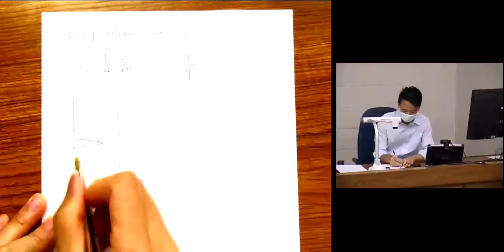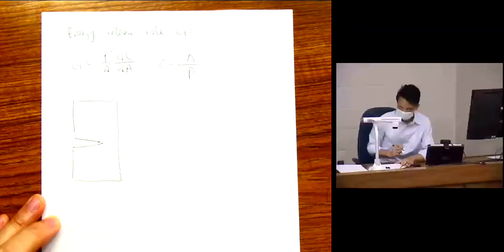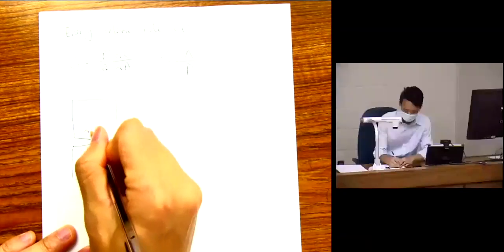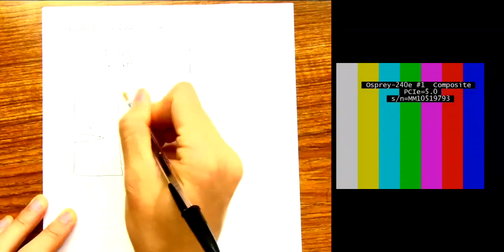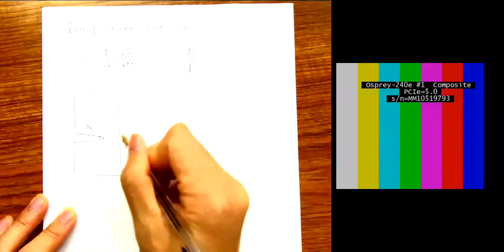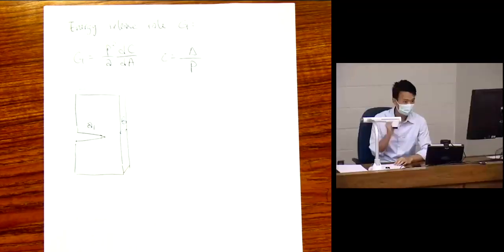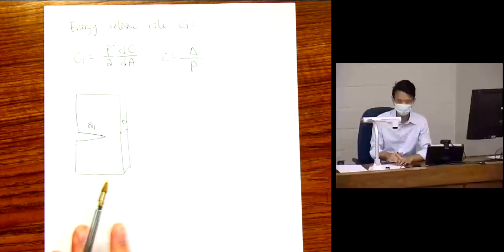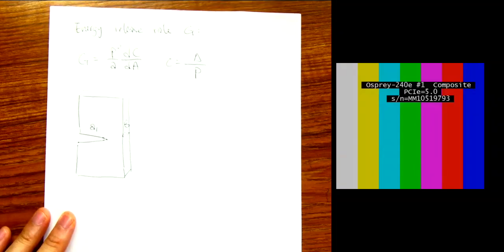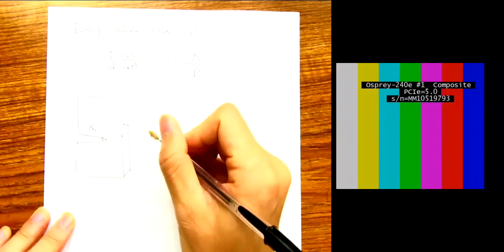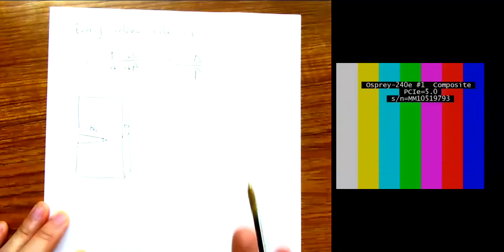let's say this is the cracked body, and I have some sort of crack, pre-crack A1. This is a thin plate, some width that I define, I know. This is quite a difficult problem to solve analytically, and we don't actually have a good analytical solution for this. So what you do is that you want to find the compliance, because you want to find the derivative of the compliance with respect to the area.